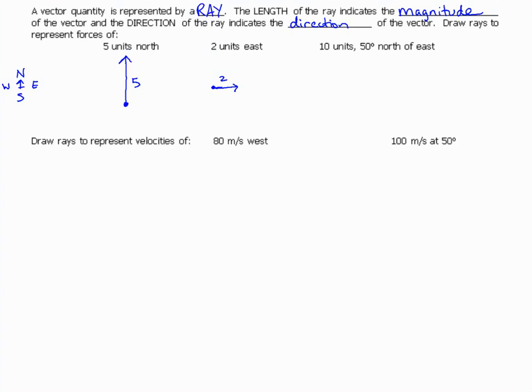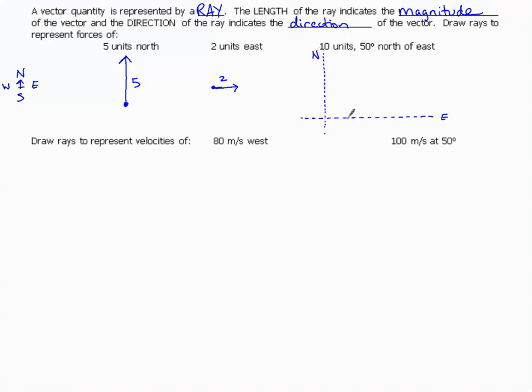10 units, 50 degrees north of east. So for this one, let's draw a basic coordinate grid. It's going to be 10 units long. It's going to be 50 degrees north of east. So this is the east line. This is the north.